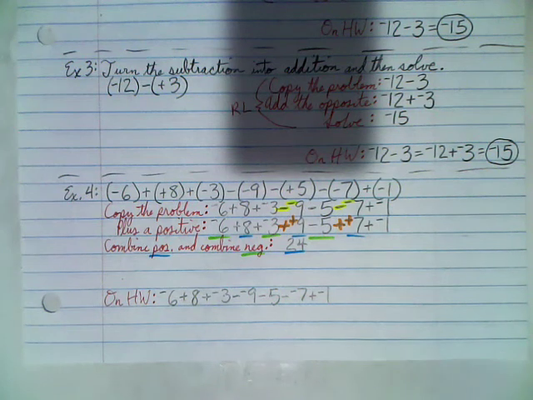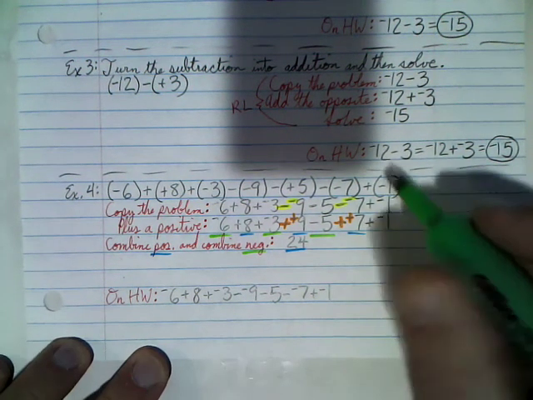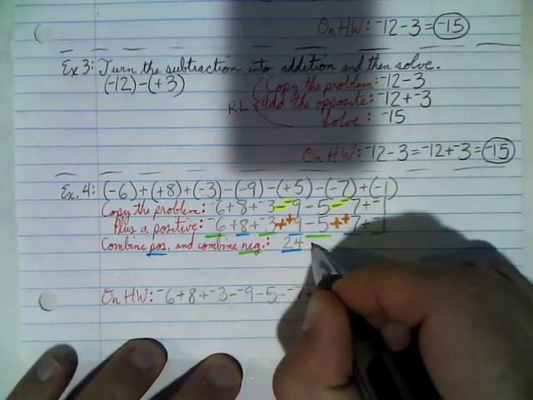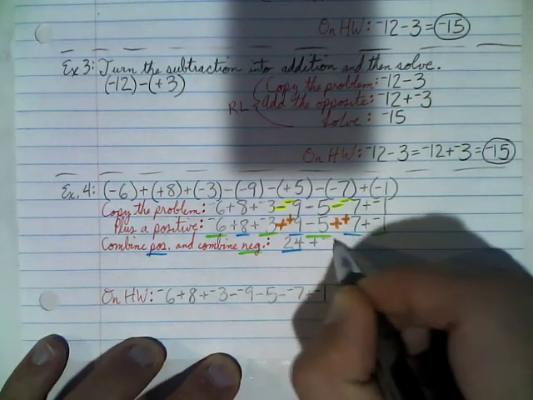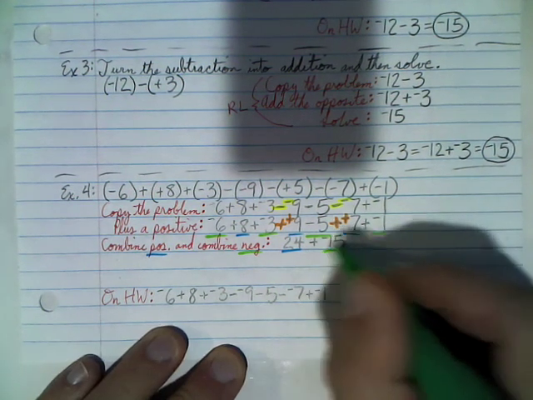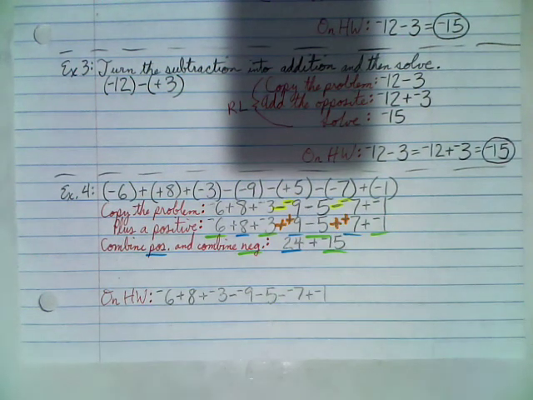So a negative 9 and a negative 5 makes a negative 14, and then a negative 1 will make a negative 15. So plus a negative 15. So if I put all my positives together, I get a positive 24. If I put all my negatives together, which includes that minus 5, remember, I get a negative 15.